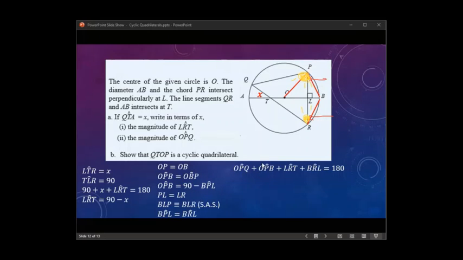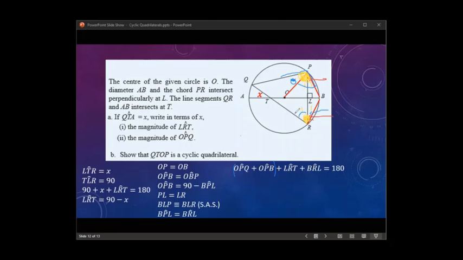So OPQ is this one, OPQ plus OPB. OPB is this one, that makes this full interior angle, plus LRT, it is this, and BLR, that is this one.